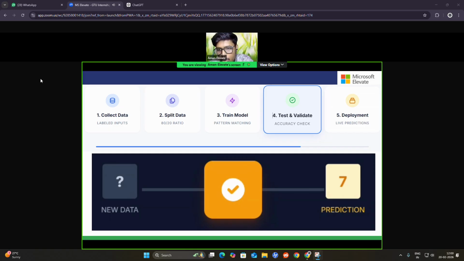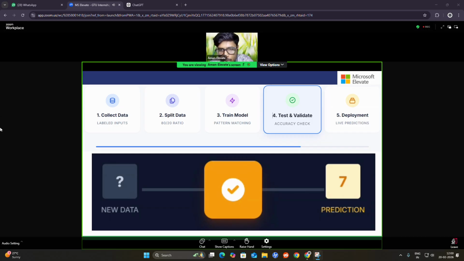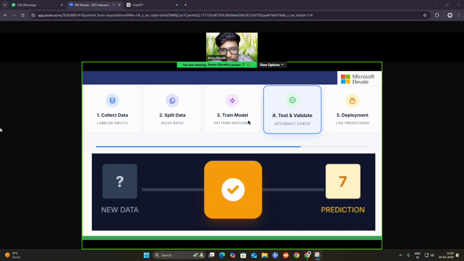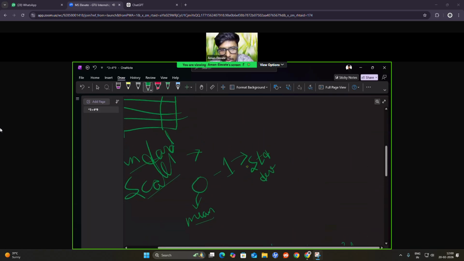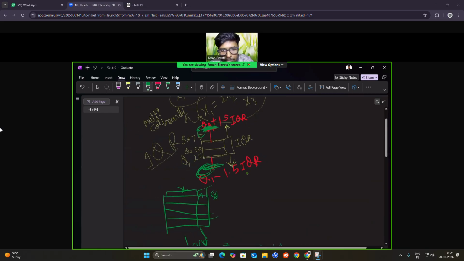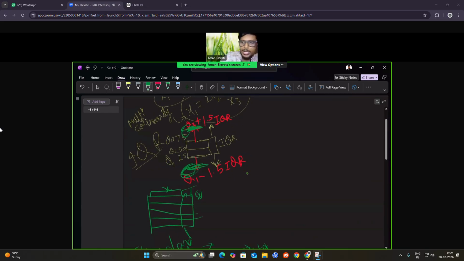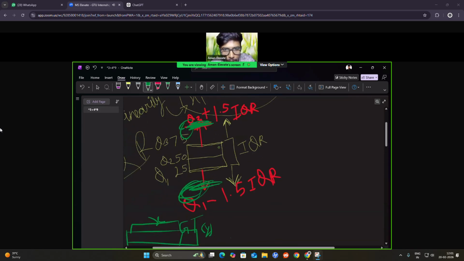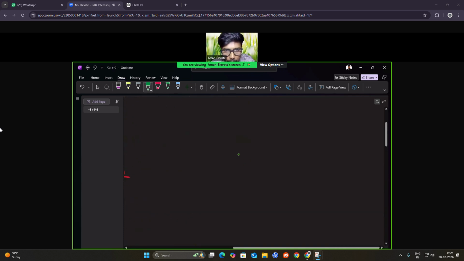How do we calculate outliers using IQR? Yeah, sure. I already told you about this, right? So what do we do? First we calculate Q1, that is 25%.